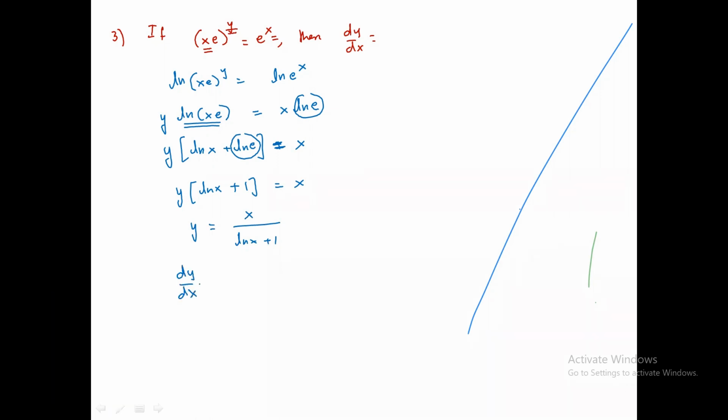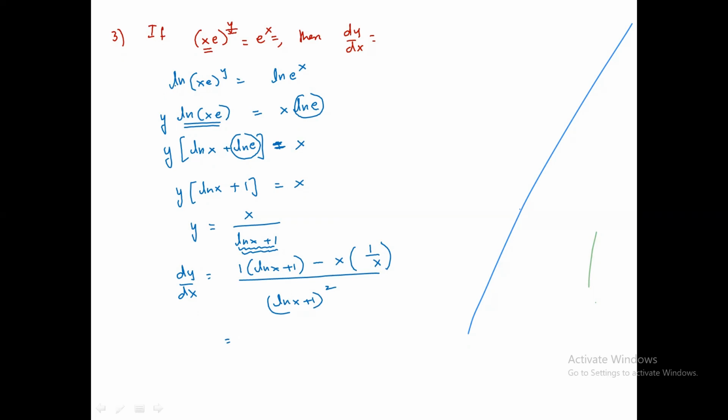dy by dx you have to find, and then you can use the quotient rule. Derivative of x is 1 into ln x plus 1, minus x into derivative of ln x plus 1. ln x derivative is 1 by x and derivative of 1 is anyhow 0. Denominator we have ln x plus 1 whole square.